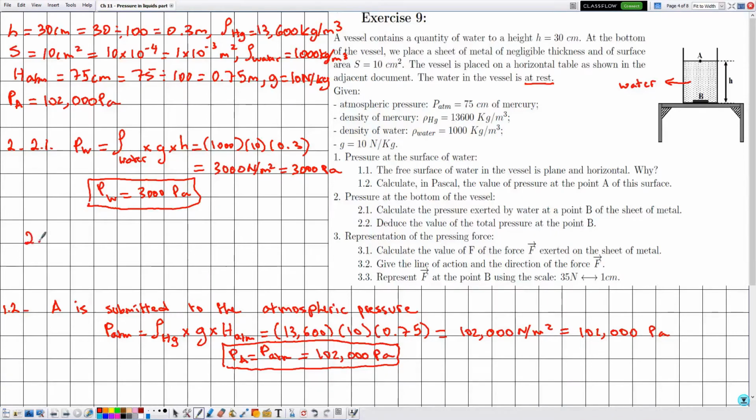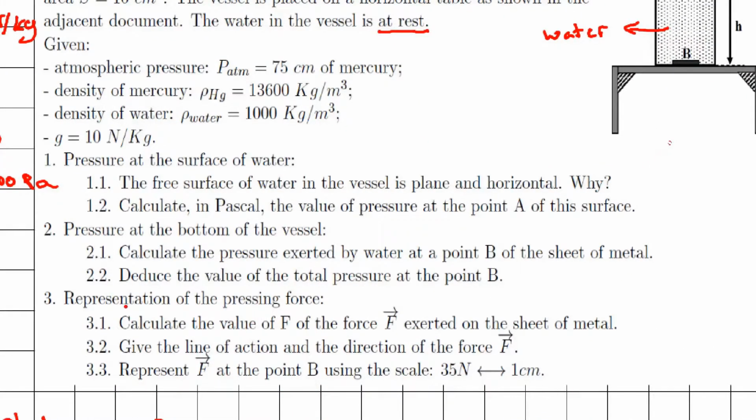Now in 2.2, deduce the value of the total pressure at the point B, and by deduce it means that we need to use the previous part.